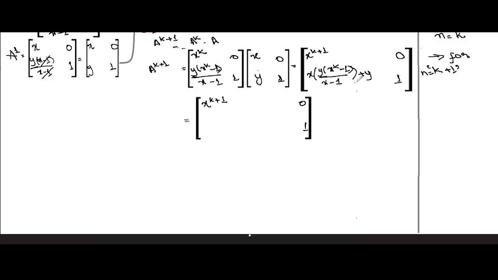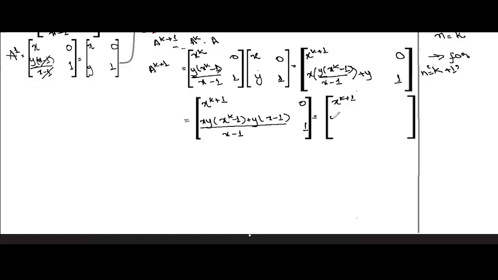Now we are going to solve this thing. We are going to take x minus 1 as the LCM, so y will also be multiplied with x minus 1. So xy into x raised to the power k minus 1 plus y into x minus 1 whole divided by x minus 1 is equals to x raised to the power k plus 1, then xy into, we are going to multiply x inside the brackets and then take y as a common from both of these terms.